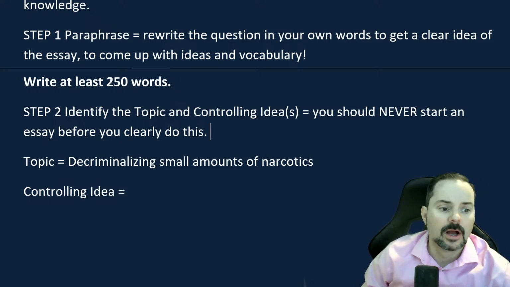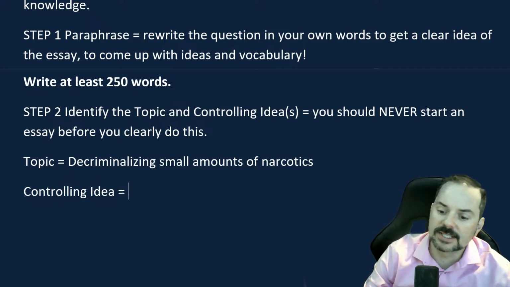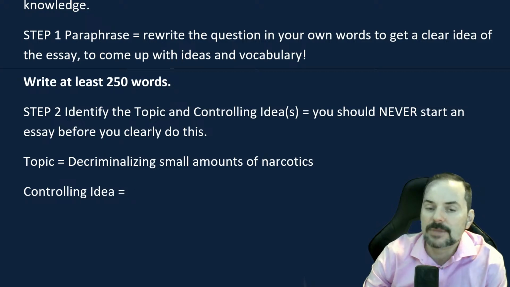What's the controlling idea here? Alexi says, is the idea of legalization outweighs the disadvantages of what possible law adjustment? Alexi, try to be a little bit more specific.